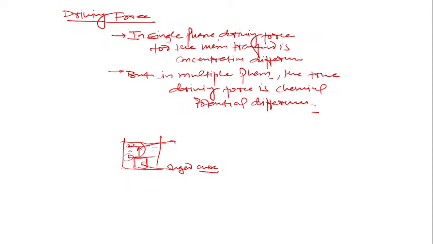Why I told you that in a single phase the driving force is concentration difference, while in multiple phases the driving force is chemical potential difference? The reason is this, listen, I will discuss through a very simple example. Suppose you have a container half filled with water, and you have just injected an air plus ammonia mixture in the gas phase.